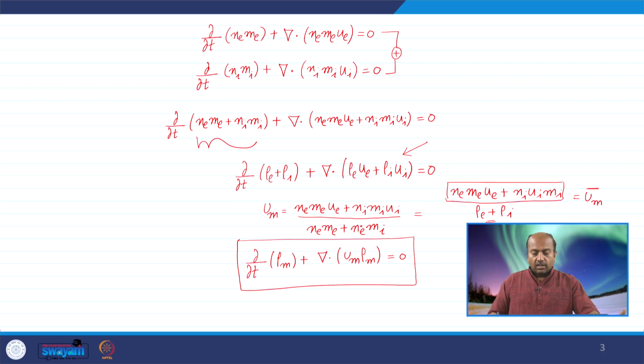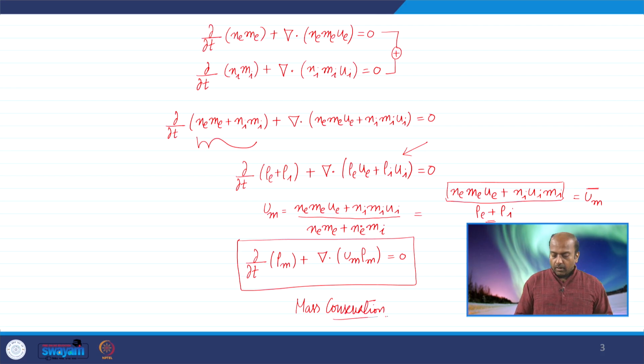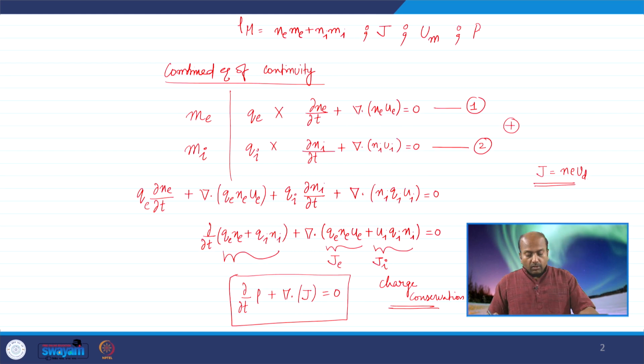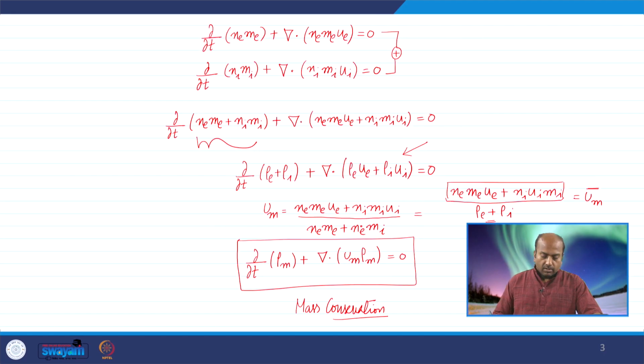Here there are no charges. So the conservation that this equation is representing is basically mass conservation. If you go back, the earlier equation is telling you the charge conservation, and this equation is giving me the equation of mass conservation, right. So we have the continuity equation for the charge and for the mass as well.